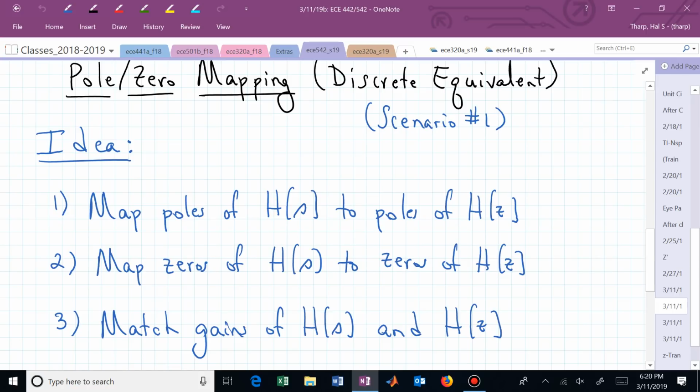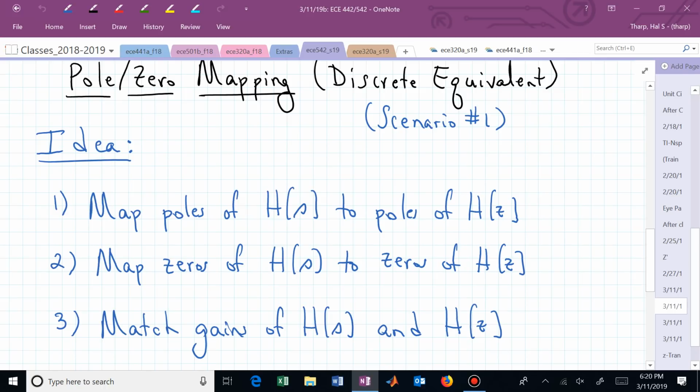And on the exam, I might say you decide how you match the gains. Somebody in office hours today was asking, how do we decide? Do we just pick? And I said, well, you decide what h of s looks like, and that's going to influence how you decide. If h looks low pass in behavior, then you want to match the gains at DC.